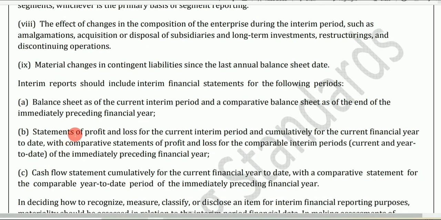Statements of profit and loss for the current interim period and cumulatively for the current financial year to date, with comparative statement of profit and loss for the comparable interim periods, that is current year and year to date of the immediately preceding financial year.